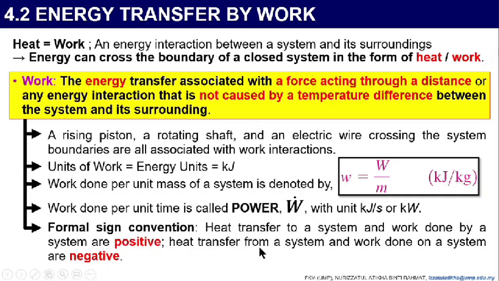Heat transfer from a system and work done on a system are negative. You should take note of this because it might come out in your exam. How far do you understand the sign of this process, either positive or negative?